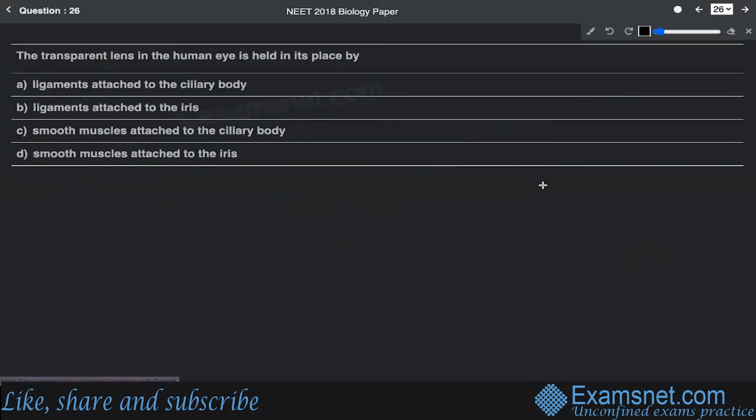Now, question number 26 says that the transparent lens in the human eye is held in its place by.